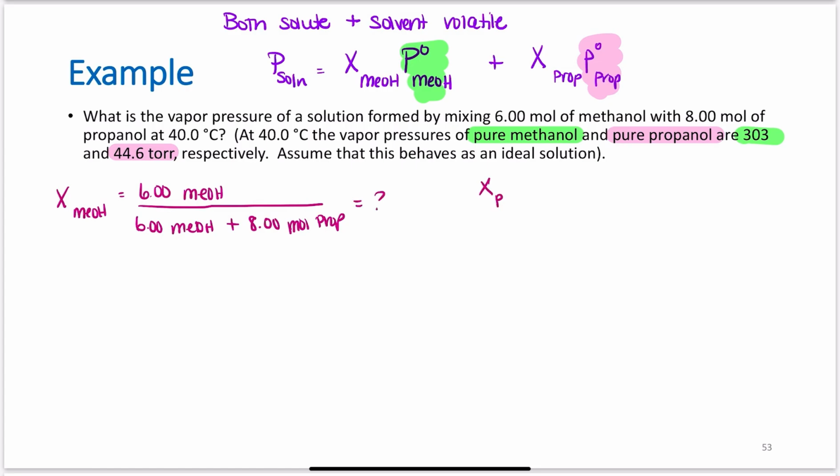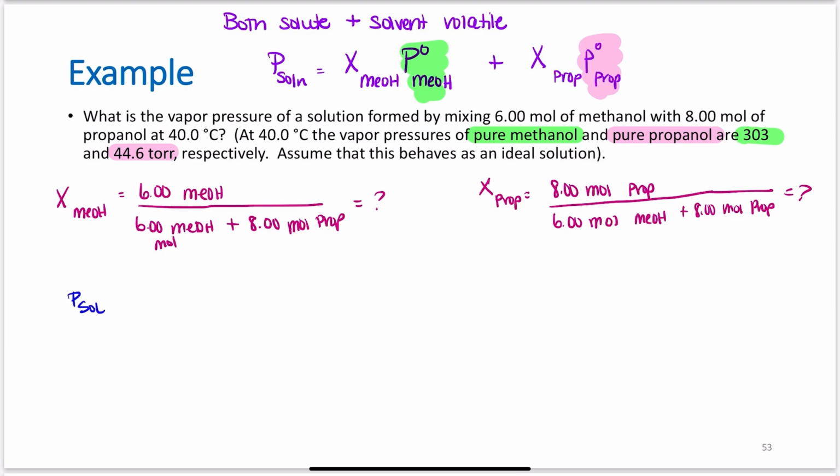You can do the same thing for propanol: 8 moles of propanol over 6 moles of methanol, I should say moles in there, and then plug them into your total equation.